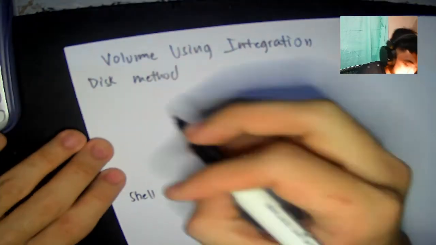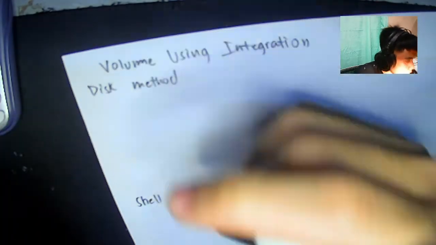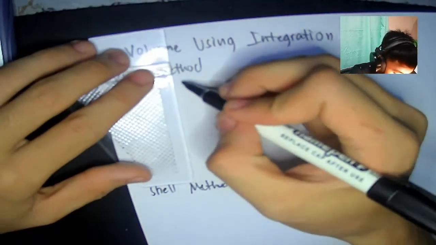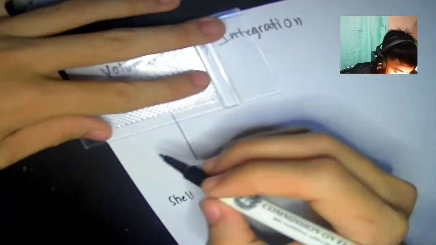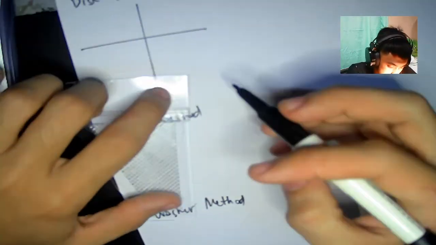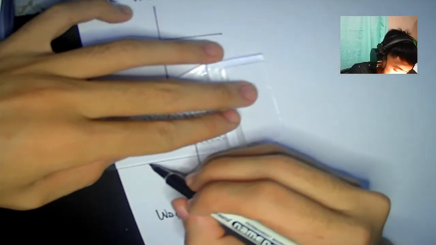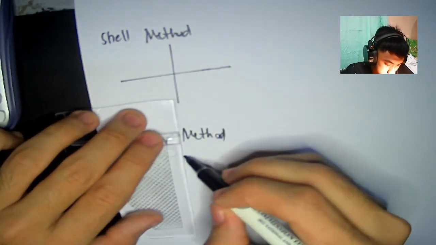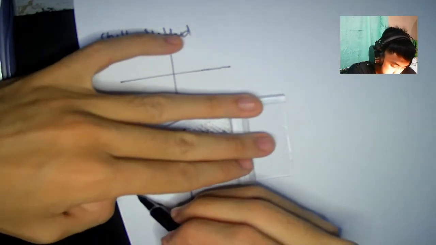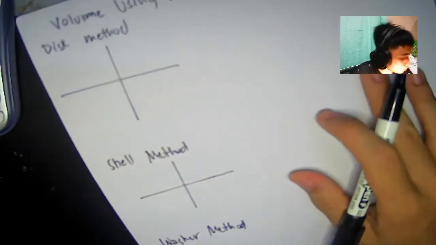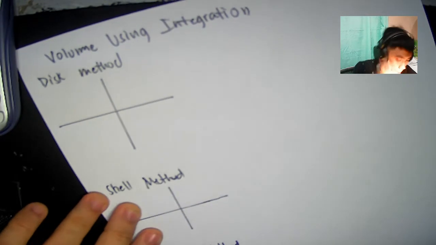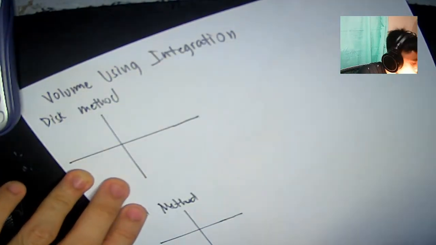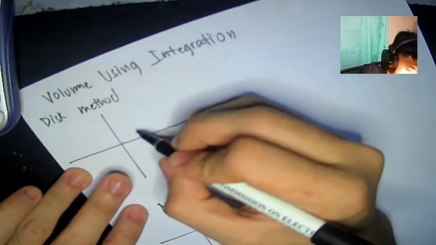So disk, I just use a broken T square here. Usually the disk method looks like this.